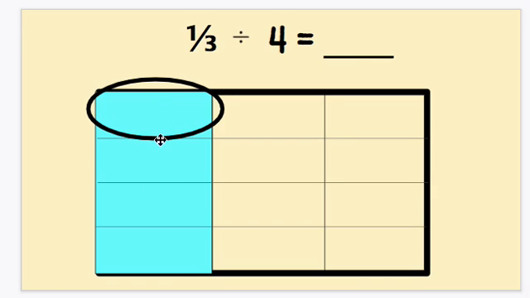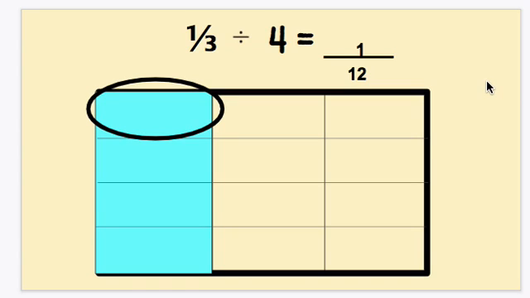So I have 1, 2, 3, 4, 5, 6, 7, 8, 9, 10, 11, 12. Because I cut my rectangle into 12 total pieces, my denominator is 12. My numerator is just going to be 1 because I have one piece that is circled here. So 1/3 divided by 4 is equal to 1/12.